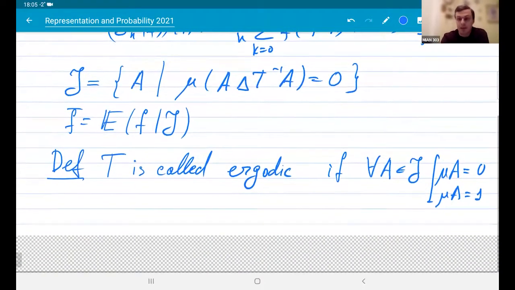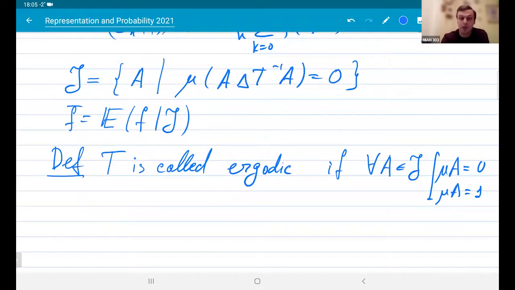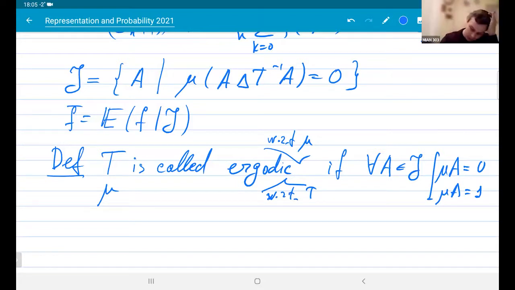Of course, every set of measure 0 belongs to this sigma algebra, and its complement also belongs to the sigma algebra. And if there is nothing else, then the measure is called ergodic. Sometimes you say that T is called ergodic with respect to mu, or the measure mu is called ergodic with respect to T. Of course, this notion applies to the pair of measure and transformation.